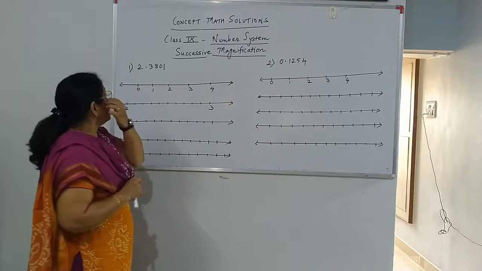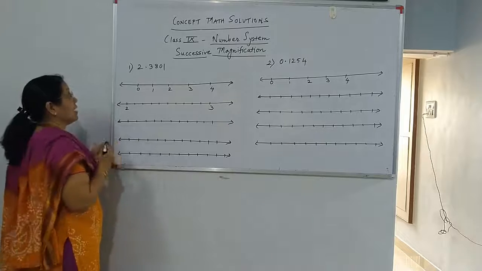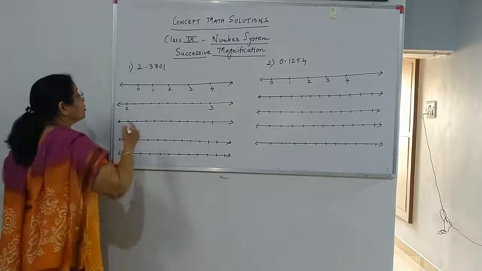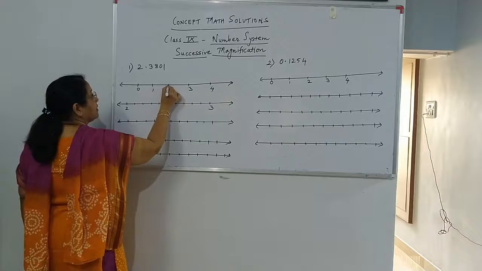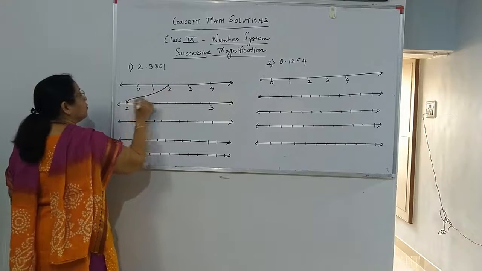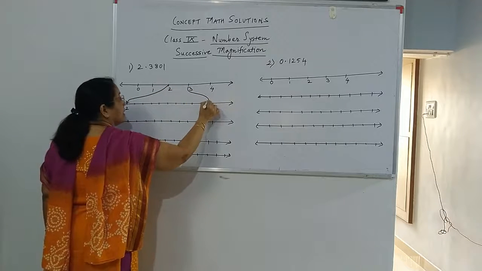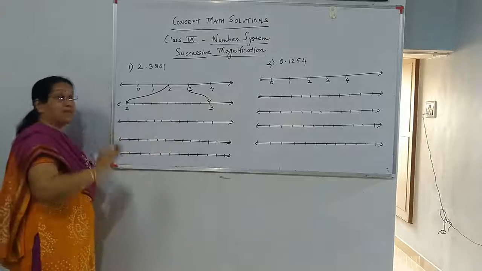Everyone knows that 2.3801 lies between 2 and 3. So I am going to magnify this portion from 2 to 3 in stages, in a stepwise manner.